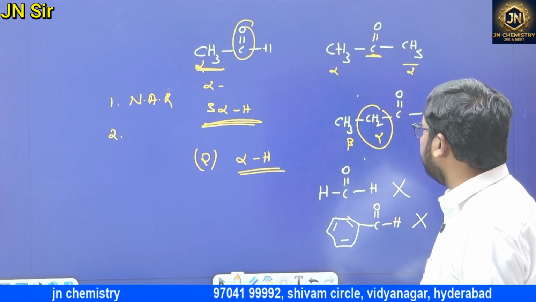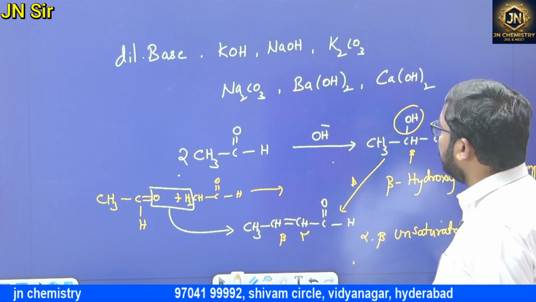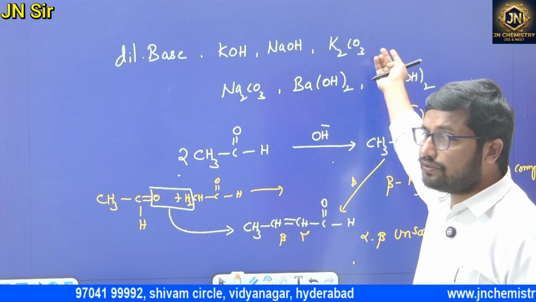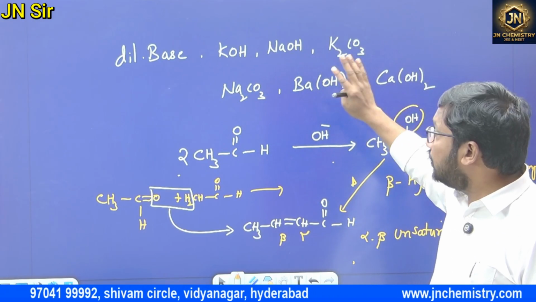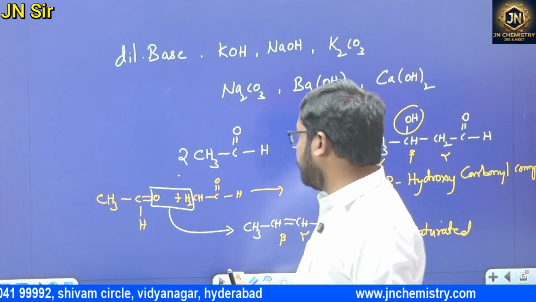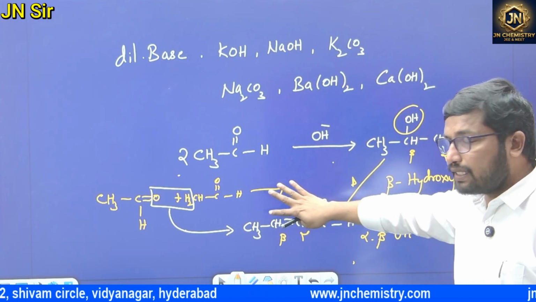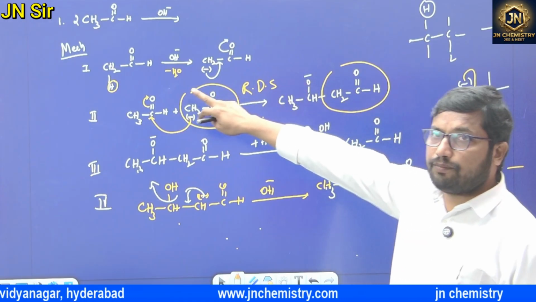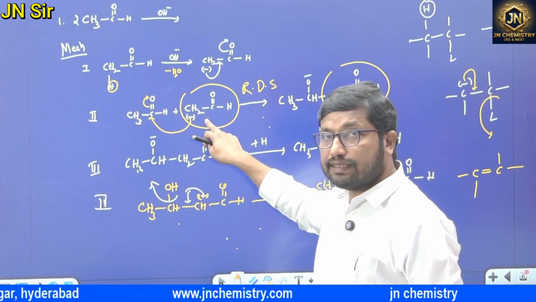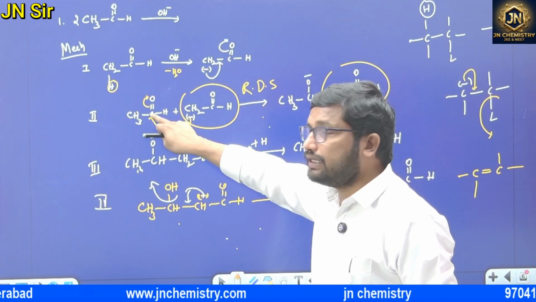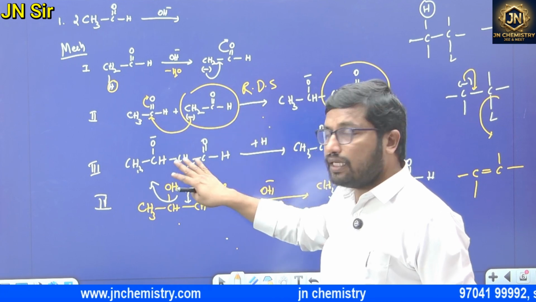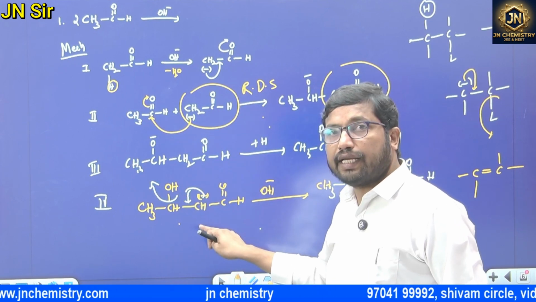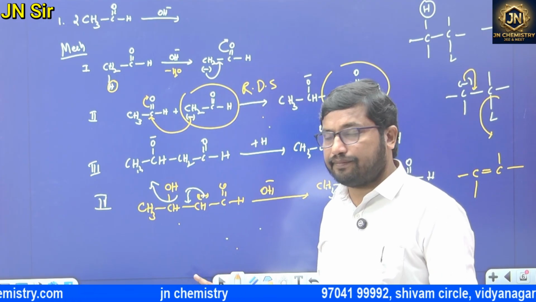Condition number 2: we need to use dilute bases like KOH, NaOH, K2CO3, Na2CO3, barium hydroxide and calcium hydroxide. This is the first basic mechanism I gave you. First we remove the alpha hydrogen and it acts as a nucleophile. Nucleophilic addition reaction, this is RDS. Then add H plus and remove the OH, like the E1CB mechanism in basic medium.